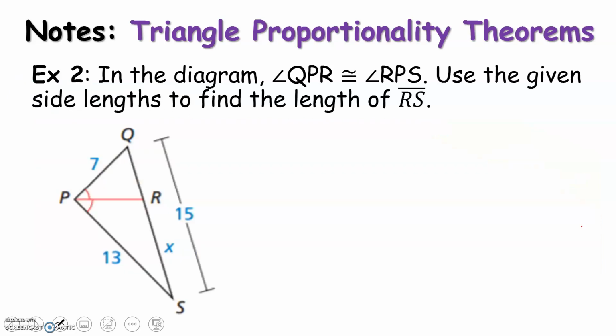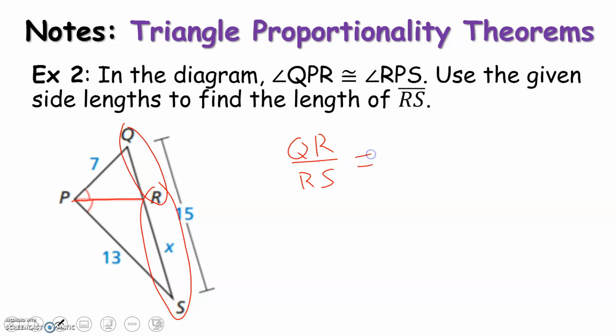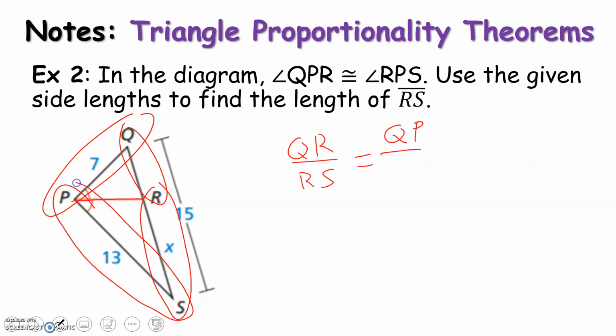Let's take a look. In the diagram, angle QPR is congruent to angle RPS. That means then that RP bisects the angle. According to our triangle angle bisector theorem, that means then that QR over RS is proportional to QP over SP or PS.